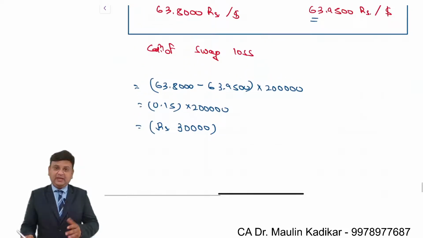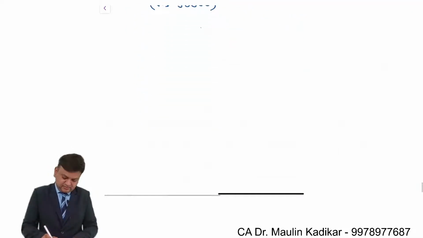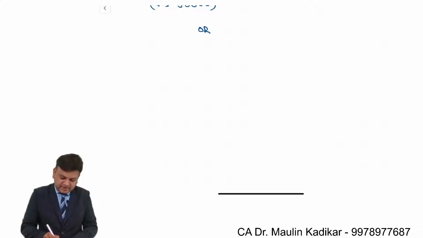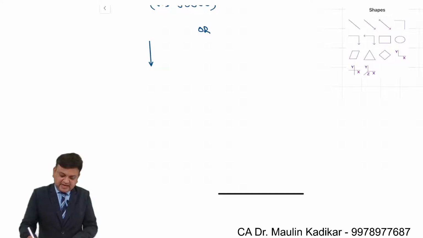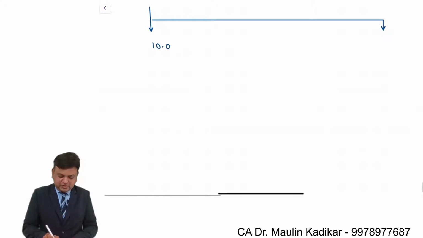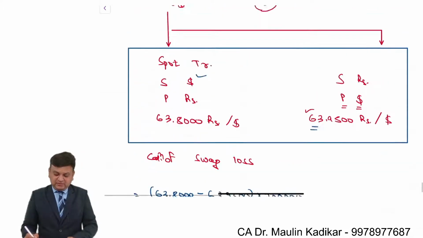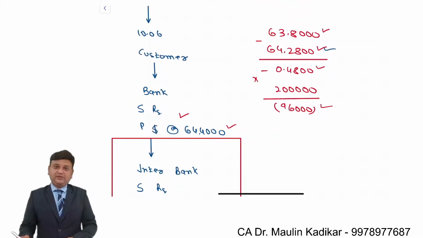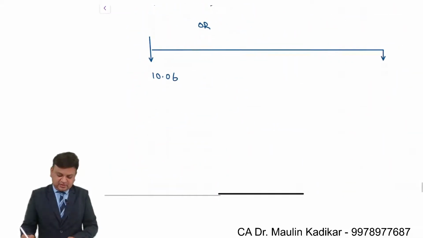Now this amount can be calculated even otherwise. How can we compute the same? The swap gain or loss is divided into two parts. One is the actual cancellation that takes place on 10th of June. On 10th of June, in the actual cancellation we understand 64.28 is the rate at which I buy dollar, 63.80 is the rate at which I sell dollar.